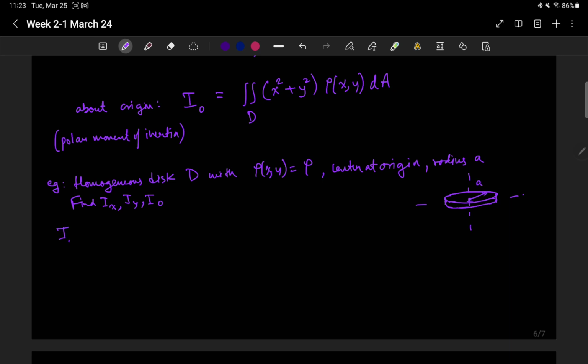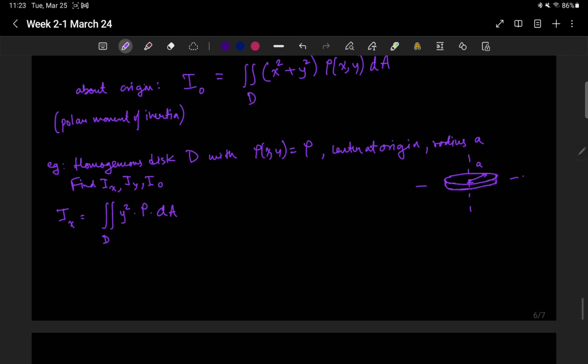So if we simply look at Ix, that's going to be double integral over this disk y squared times constant times dA. And to evaluate this, because the boundary is circular, right?